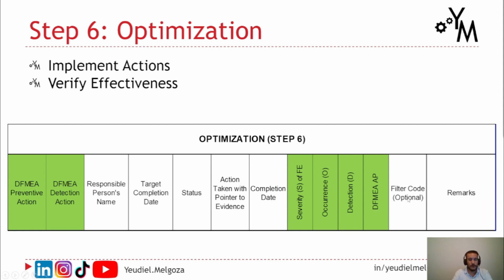Once again, we have the filter code, an optional stage, and finally a remarks column that in this case is to review any kind of additional comments, clarifications, or notes that you could consider relevant to the analysis.